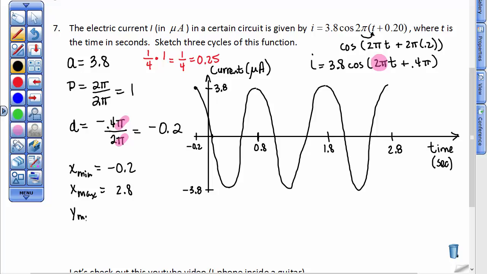For y minimum and y maximum, I'm just going to put in a -4 because the minimum point is a -3.8. It's just easier to type in 4. And y maximum of a +4. And then I wouldn't mind if you would, once you see the graph of this curve, would you hit the trace key? And I'd like to remind you of how you can go to any point on that curve.